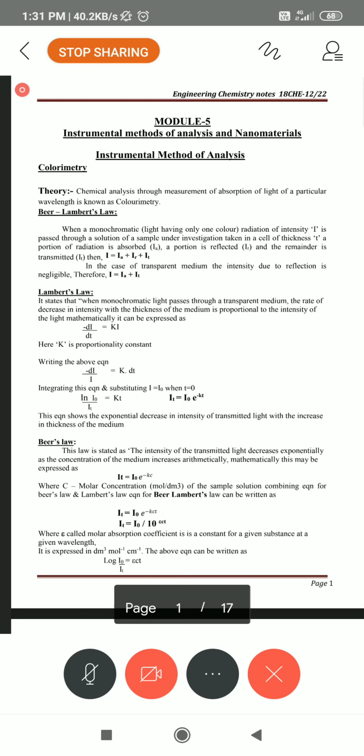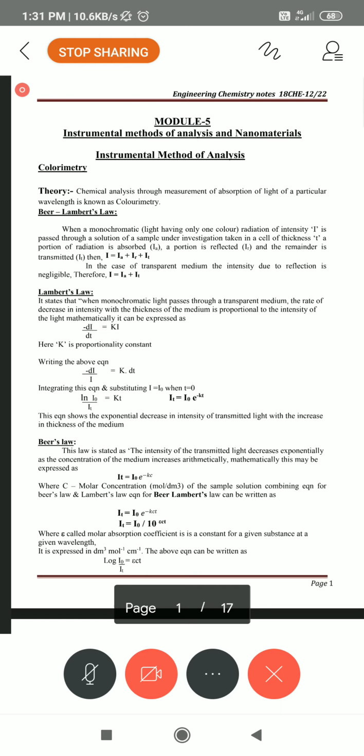The intensity is directly proportional: IT is directly proportional to I naught. As thickness increases, absorbance A also increases; as thickness reduces, absorbance also reduces.